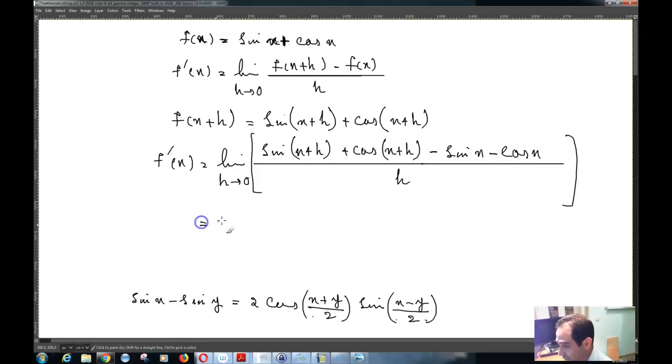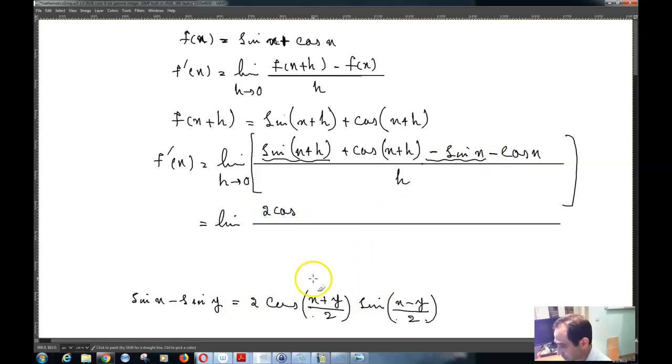If I write the limit of, instead of these two, 2 times cos of x plus y divided by 2, which is x plus h plus x divided by 2, which is 2x plus h divided by 2, and then sine of x minus y divided by 2.